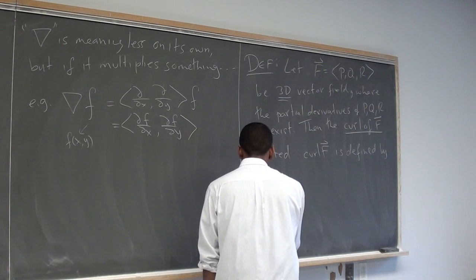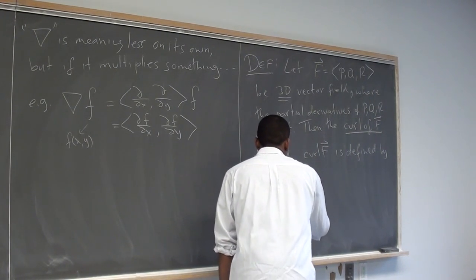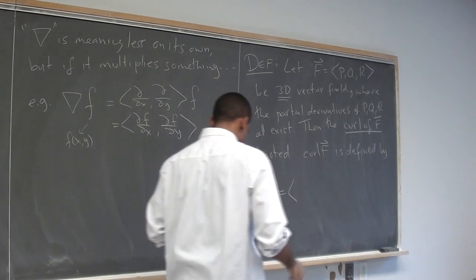So here's the curl. This is the guy we're going to call the curl. It's a particular kind of vector field.